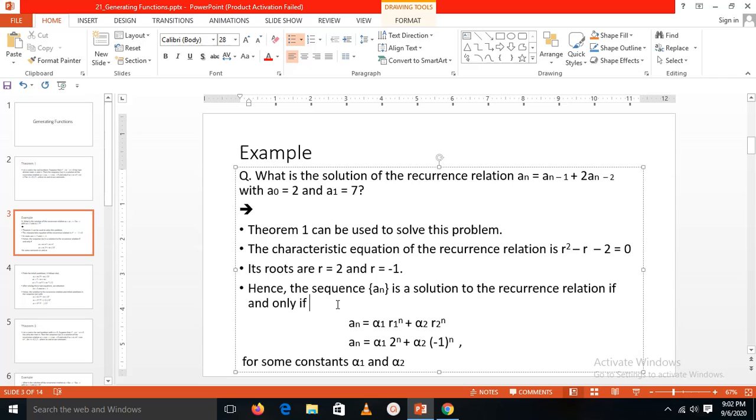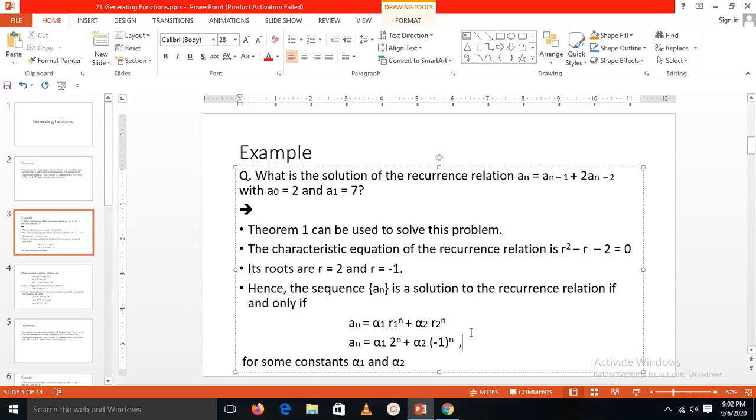Now we can say that the sequence a_n is a solution to the recurrence relation. The condition is also given in our first theorem. What is that condition? This is our condition: a_n equals alpha 1 r1 raised to n plus alpha 2 r2 raised to n.